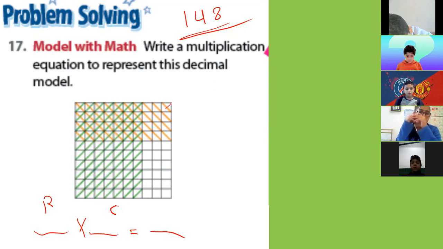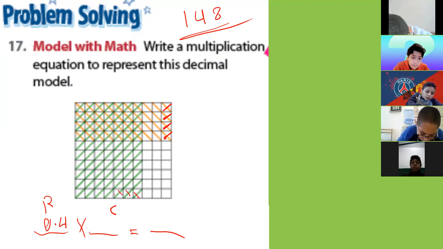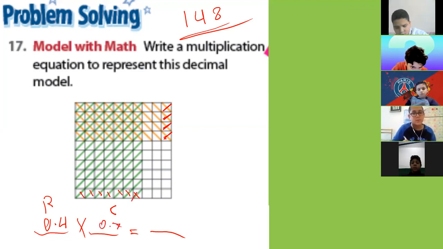Can we count the row first? 1, 2, 3, 4. So yellow represents what? 0.4. Very good. And the second one, green, count: 1, 2, 3, 4, 5, 6, 7. 0.7. Very good.